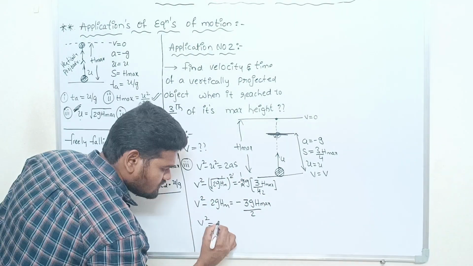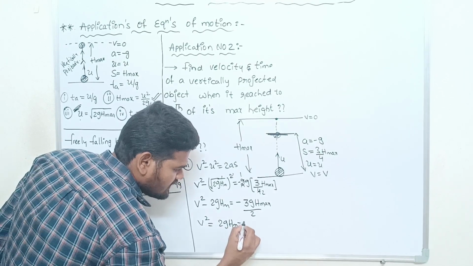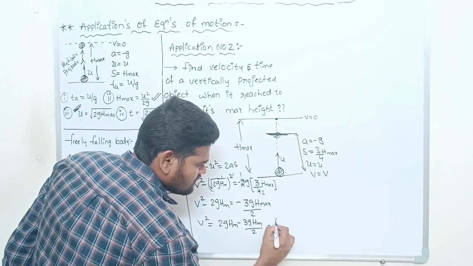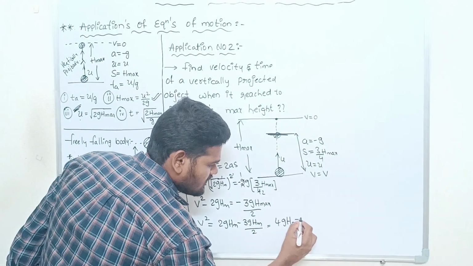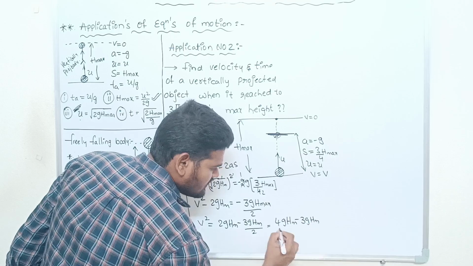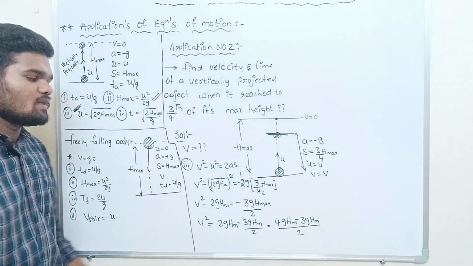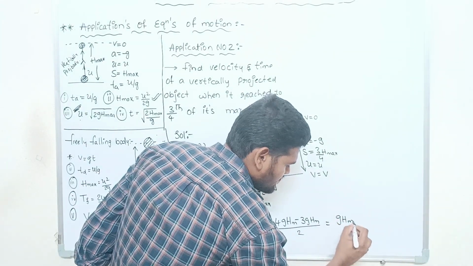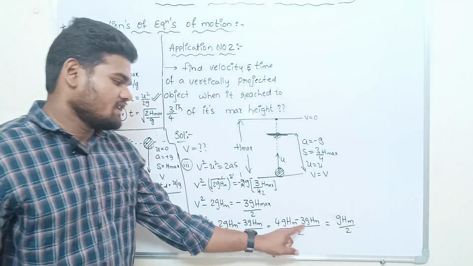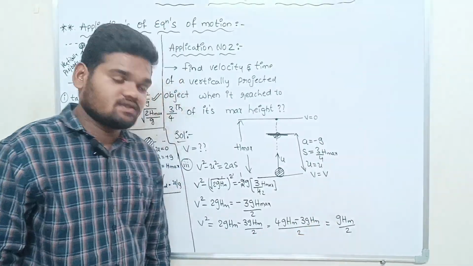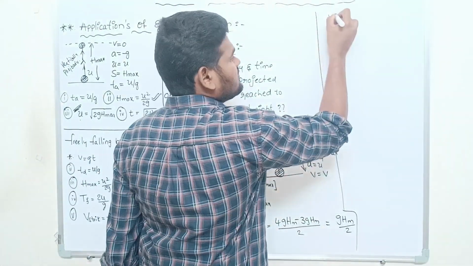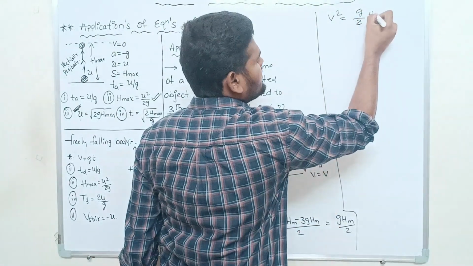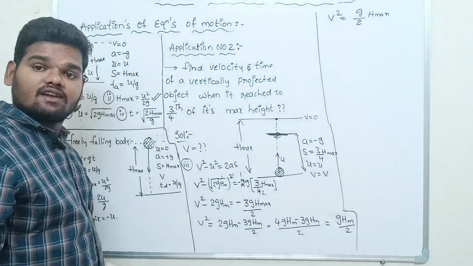So v square is equals to 2g h maximum minus 3g h maximum by 2, which is 4g h maximum minus 3g h maximum divided by 2. 4 minus 3 is 1, so g h maximum by 2. So v square is equals to g by 2 h maximum. Are you getting any doubts?